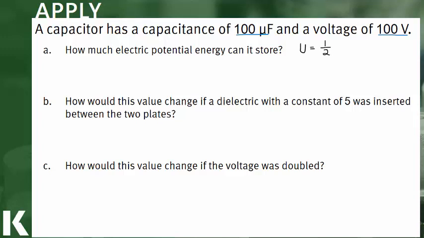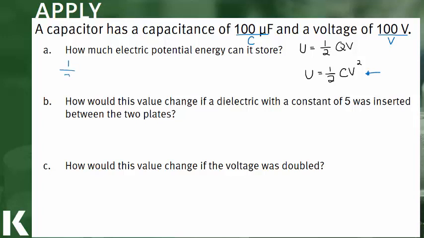We have 1/2 QV, and we also have 1/2 CV squared. So we need to consider what variables we are given to determine which of these two formulas we need to use. So we are given 100 microfarads, our capacitance, and our voltage of 100 volts. So we want to pick an equation that has both capacitance and voltage, and that would be this second equation.